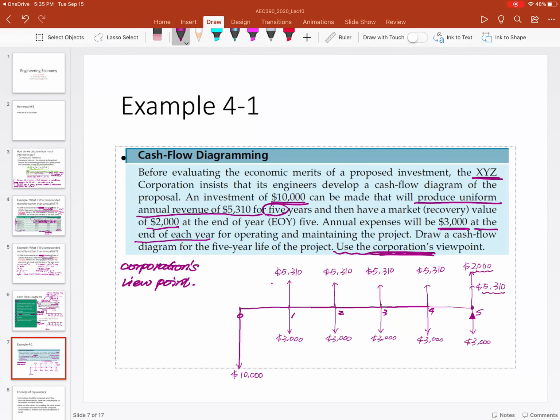Okay, so all the cash flows besides the first investment all happen at the end of each year. Okay, so they're all happening around this timeline. So in the beginning there is only one investment.